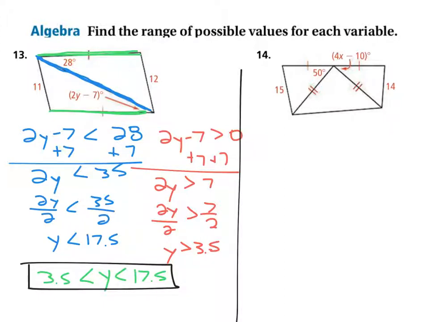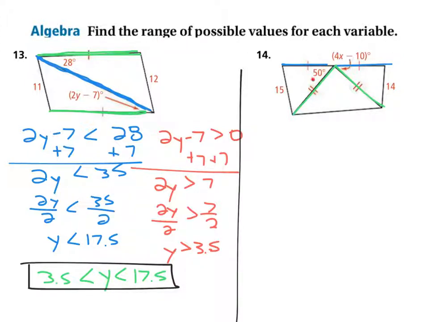Okay, we have this side congruent on both, so we're measuring the same on both. What do we know? Well, we have this side equal to 15, and this side only equal to 14.